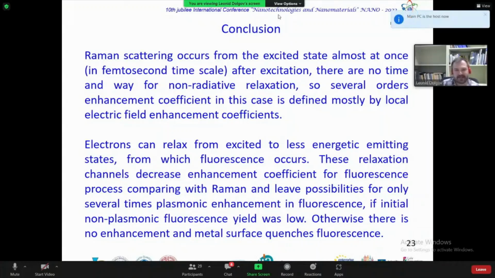And these relaxation channels decrease the enhancement coefficient for the fluorescence process compared with Raman, and leave the possibility for only several times plasmonic enhancement in fluorescence if the initial non-plasmonic fluorescence yield was low. Otherwise, there is no enhancement and the metal surface quenches fluorescence.